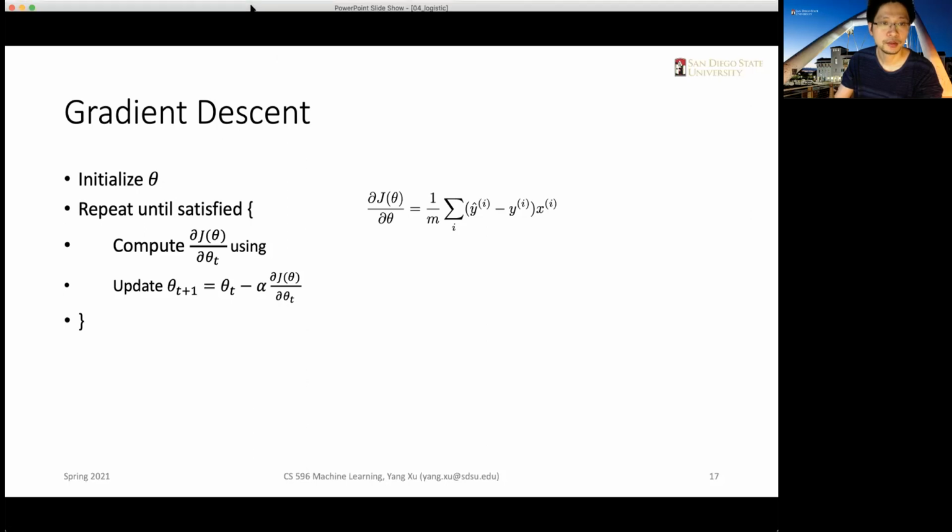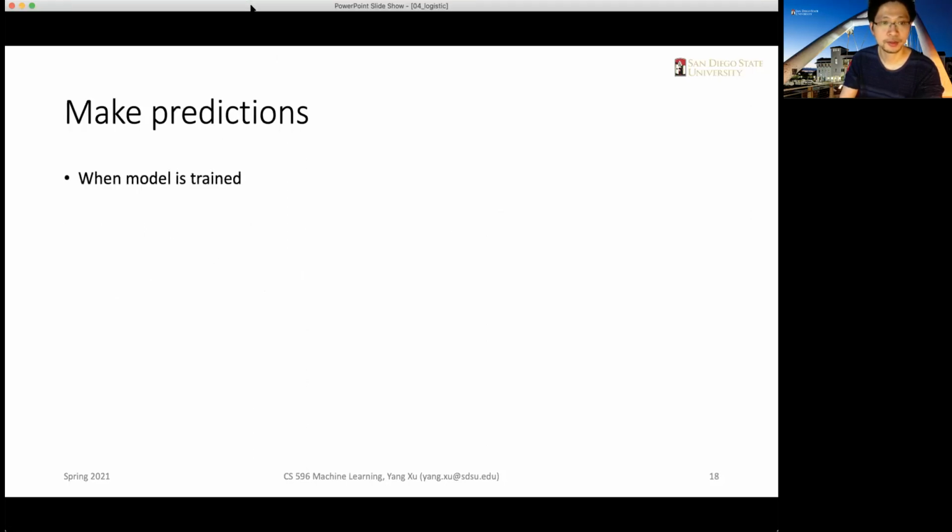All right, and we are done. After gradient descent has converged, we can make predictions using the model trained from this step.